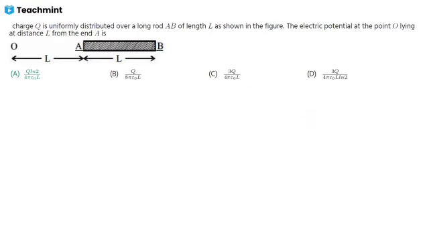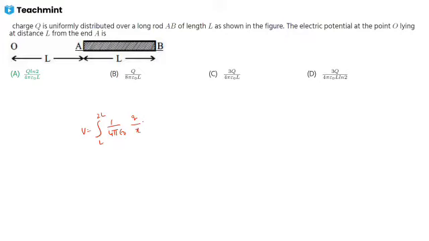Okay, so this is the question. Next, charge capital Q is uniformly distributed over a long rod AB of length L as shown in the figure. Now the electric potential at a point O, in the diagram they given the point O lying at a distance L from the end A is, okay. Now the electric potential they are asking, again same thing, 1 by 4 pi epsilon naught Q by R. Okay, let us take this one as X distance.